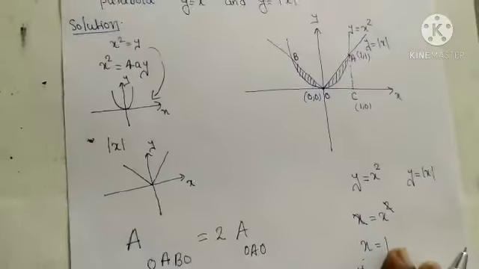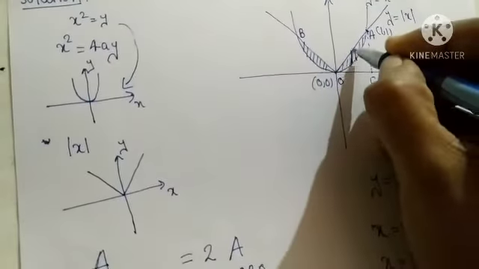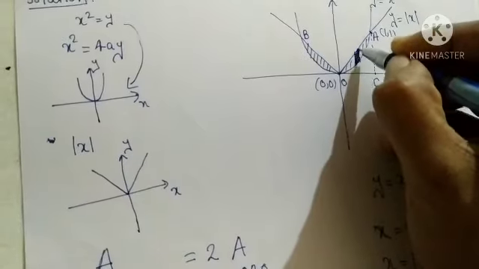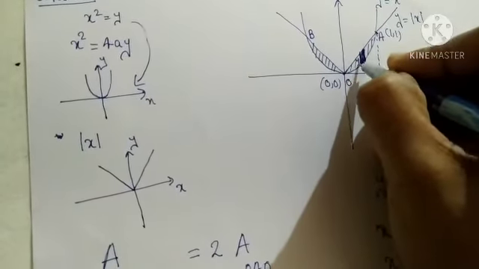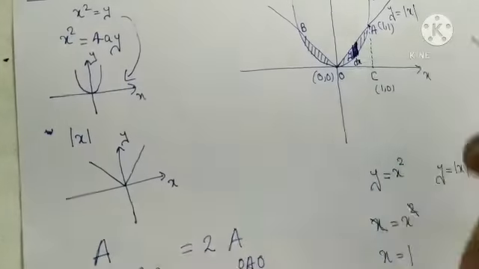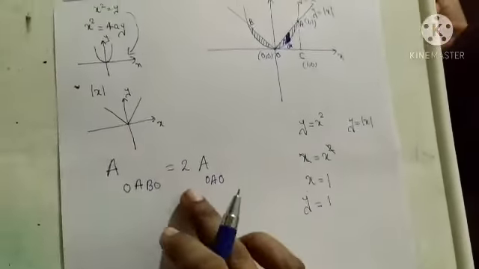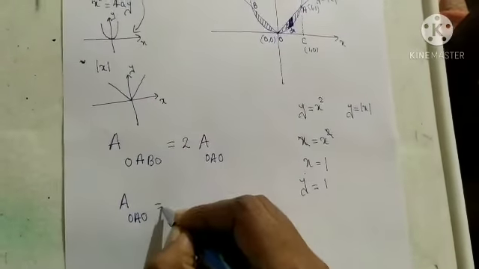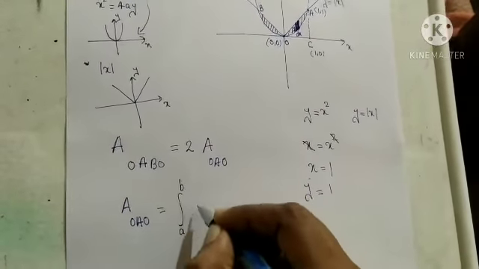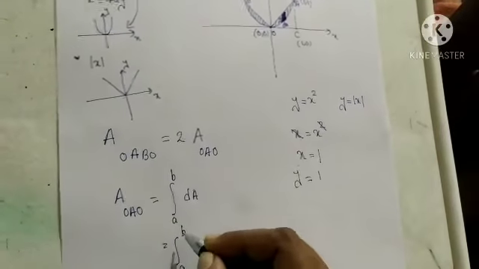Okay, so next I am going to draw a vertical strip here, with the height y and length dx. So the area of OAO is equal to integral a to b dA, or it can be written as integral a to b y dx.